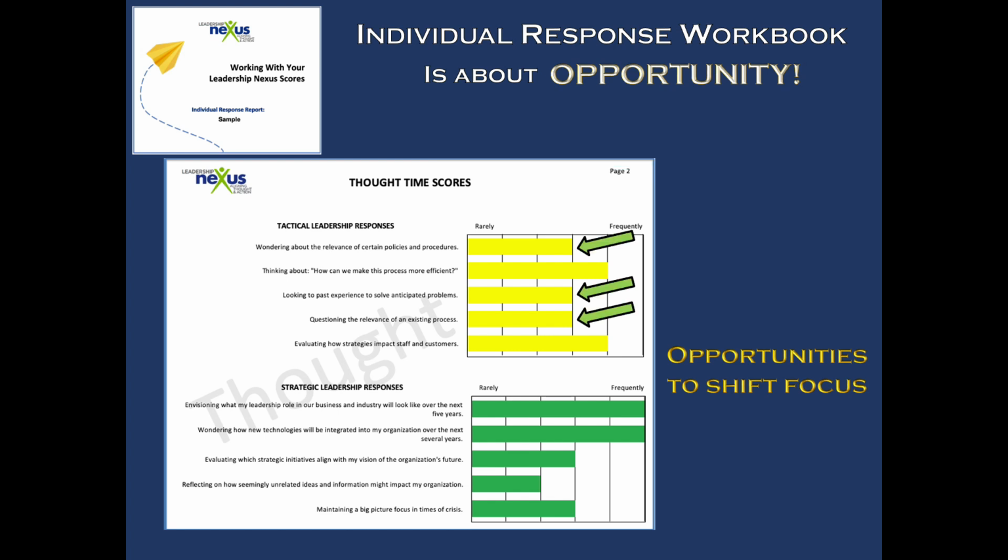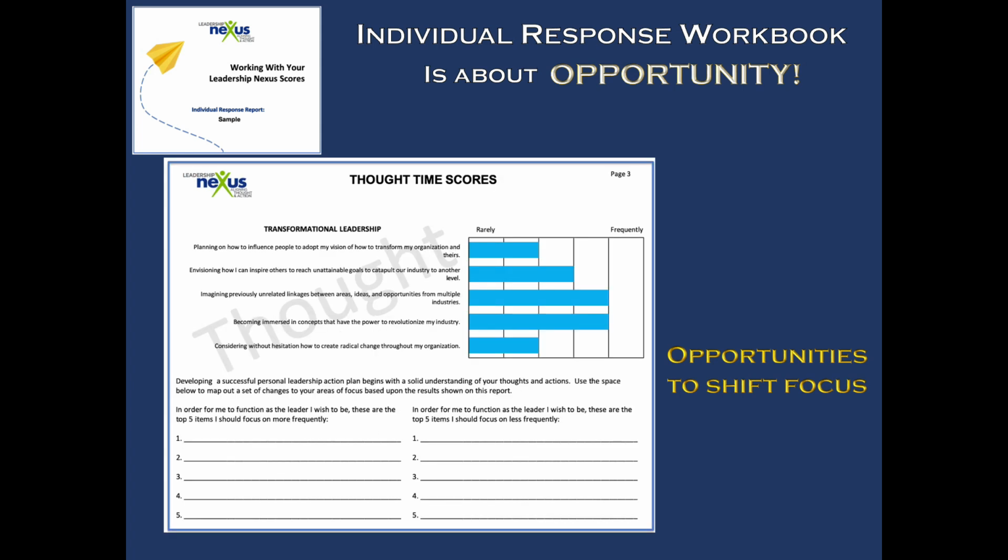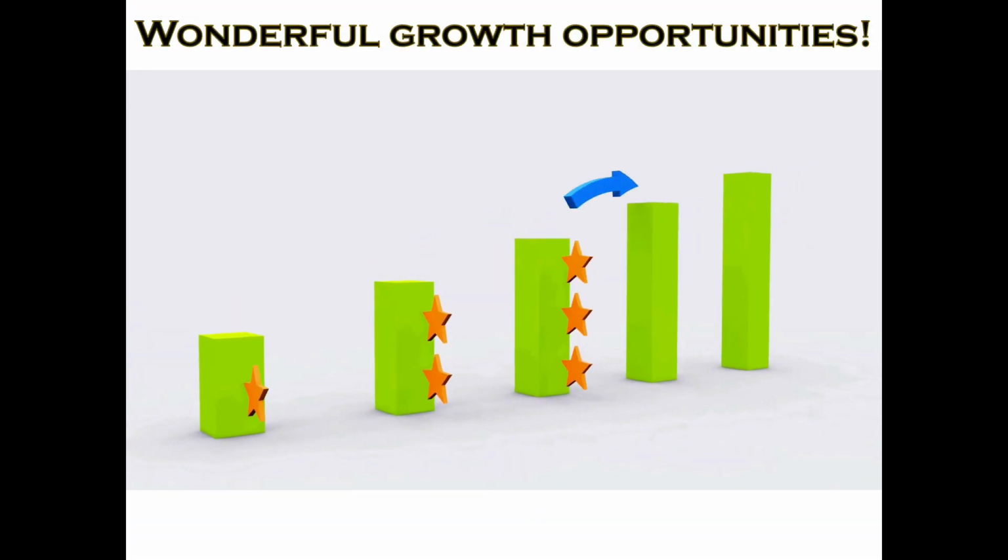For example, questioning existing policies and procedures, evaluating strategic initiatives and how they can be integrated into relevant departments, contemplating how work in other unrelated areas could provide positive impact on his or her team, ensuring that the big picture maintains its prominence in the midst of crisis, thinking more creatively about how to bring transformational opportunities into the team or the organization, and creating more opportunities to build confidence in his or her vision and ideas. All of these are wonderful growth opportunities.